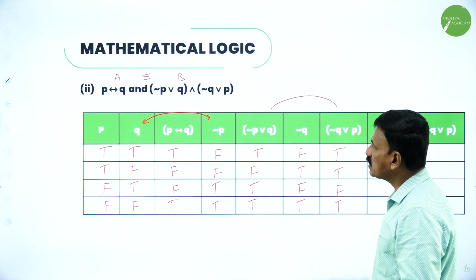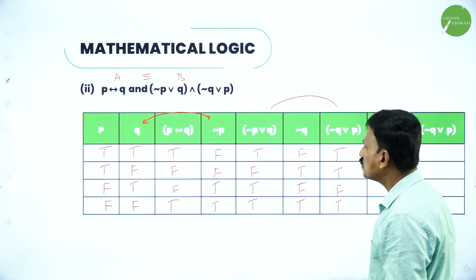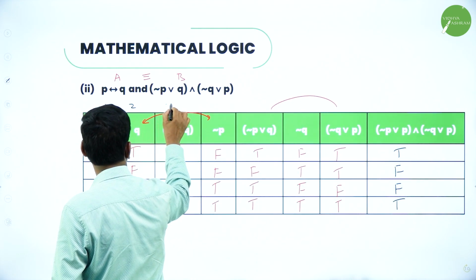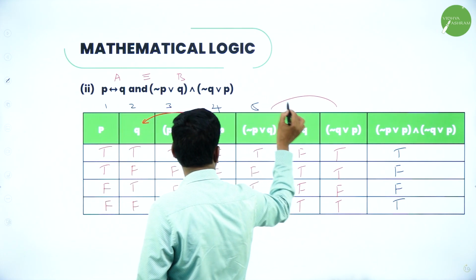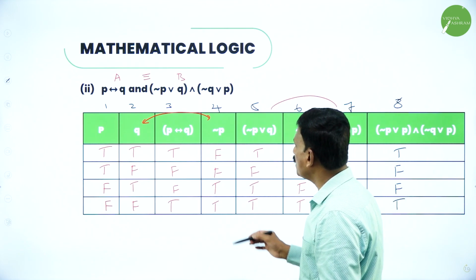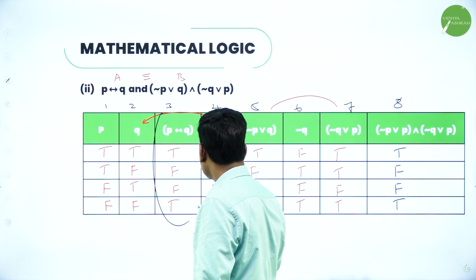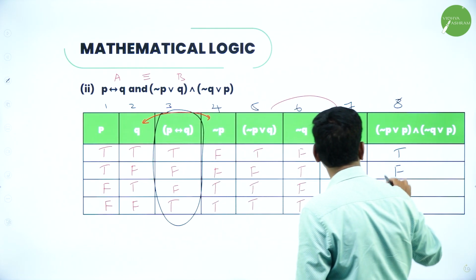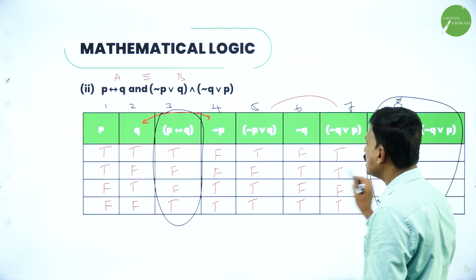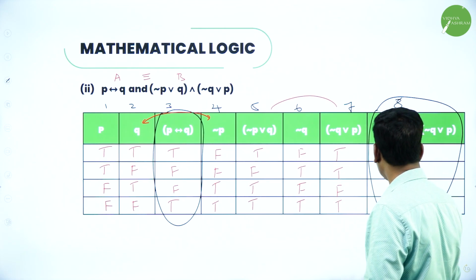Now observe carefully columns 1 through 8. All the truth values in the third column and the eighth column are the same: T, F, F, T.